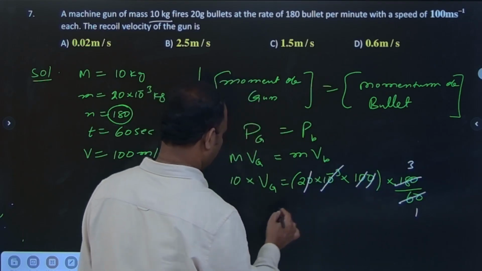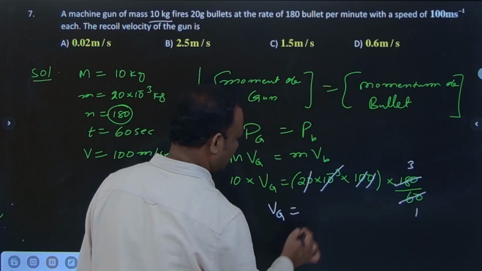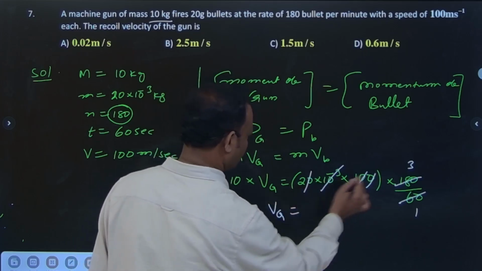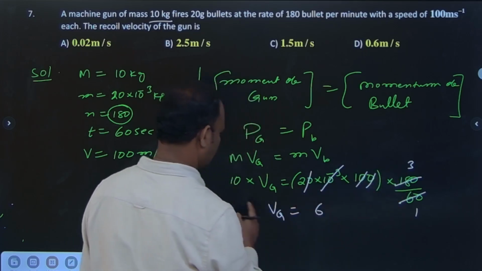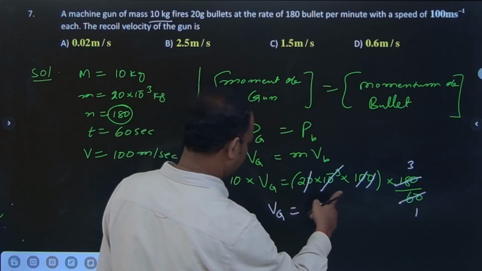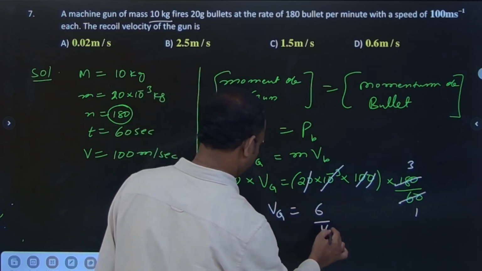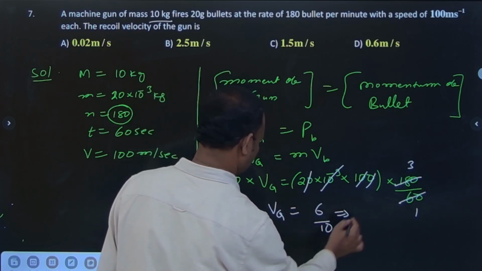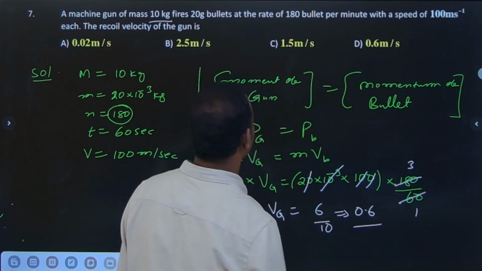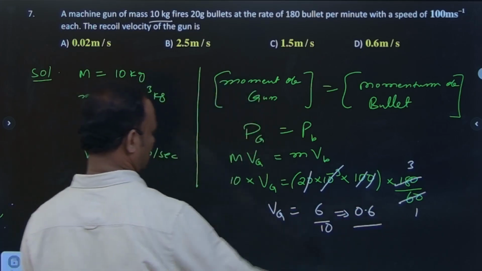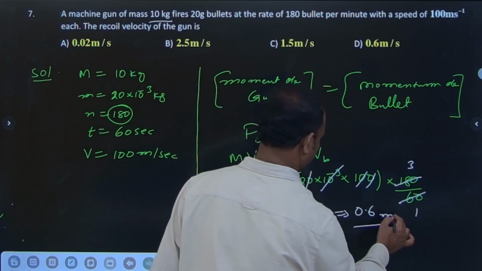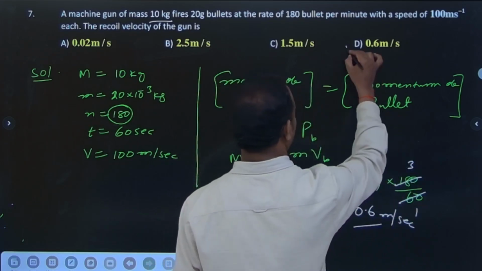Okay, so then Vg, velocity of gun, is equal to 2 into 3, it's 6. Okay, 6. Anything left now? No. By 10. So this is what? 0.6 is the answer. This 0.6 meter per second is the answer.